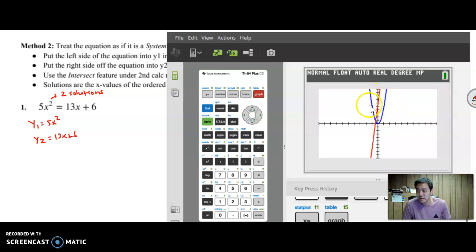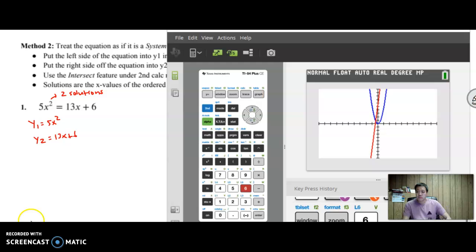If we know that this is a parabola and this line will keep going, it's going to intersect up here, right? So let's try to see a better picture, okay? Because we know that eventually this red line is going to intersect the blue parabola way up there maybe, right?